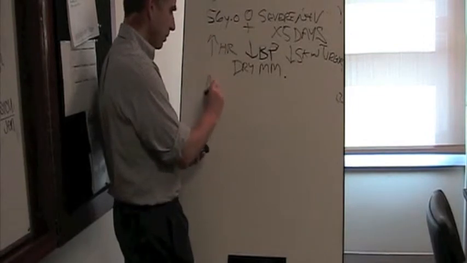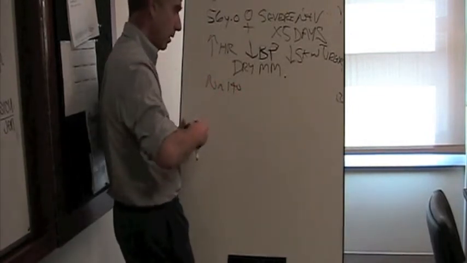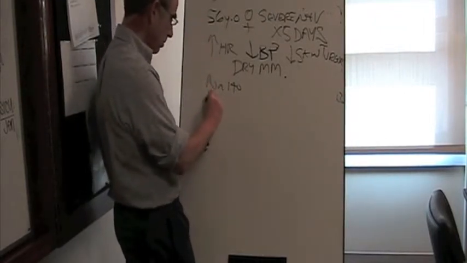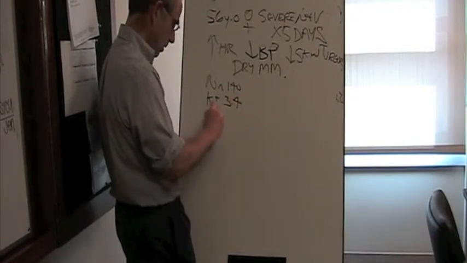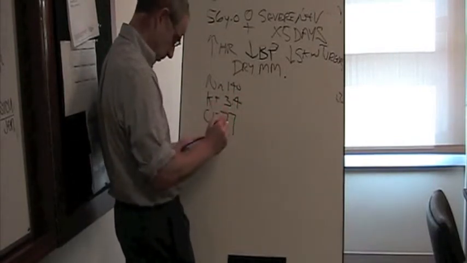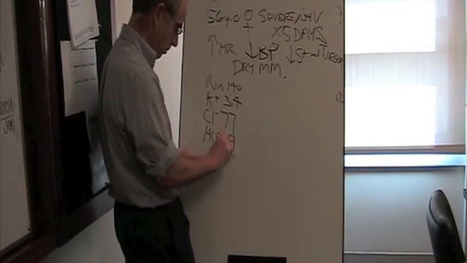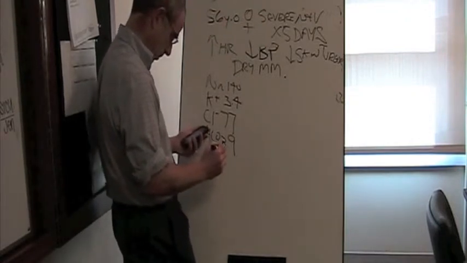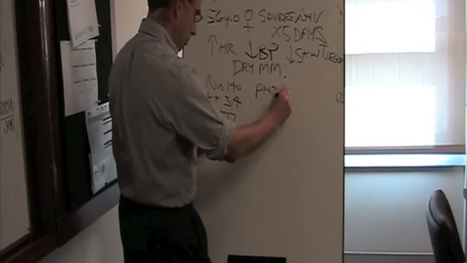These are the labs. The sodium is 140. Potassium is 3.4. The chloride is 77. The bicarb is 9. The pH is 7.23.